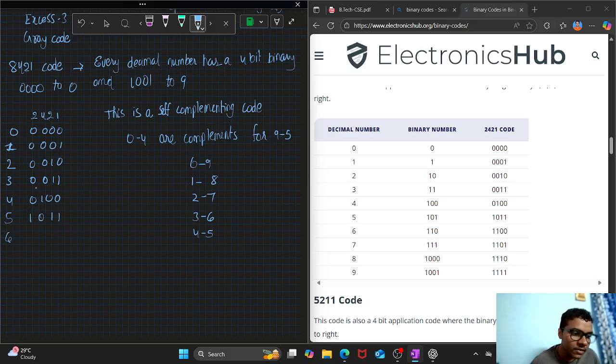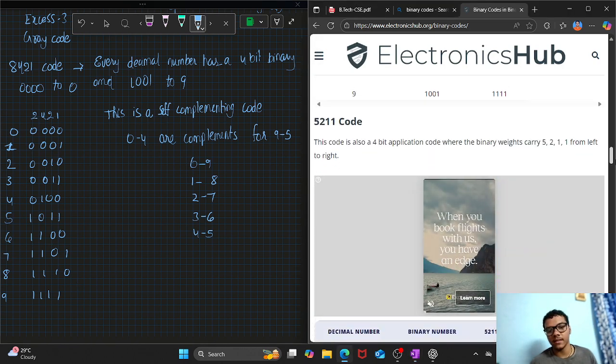So 6 should be complement of 3. So that is 1100, and 7 is complement of 2, that is 1101. And 8 should be complement of 1, that is 1110. And 9 should be complement of 0, 4 ones. So it is a self-complementing code, I see.